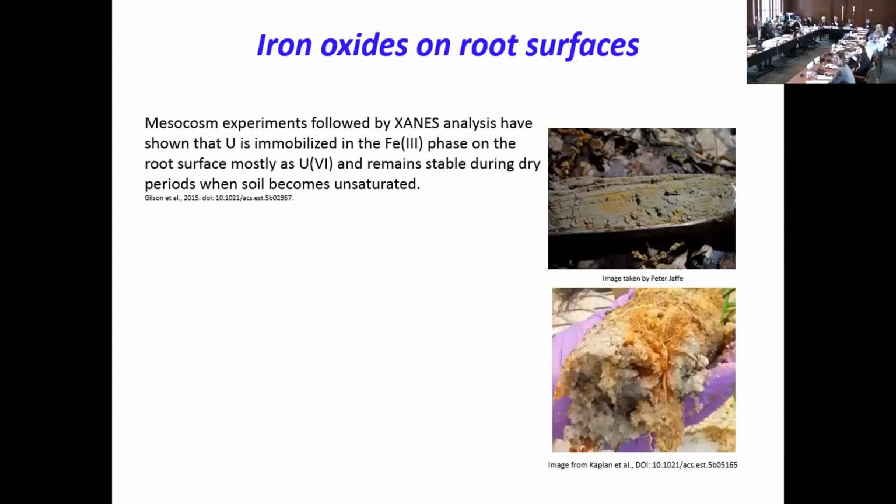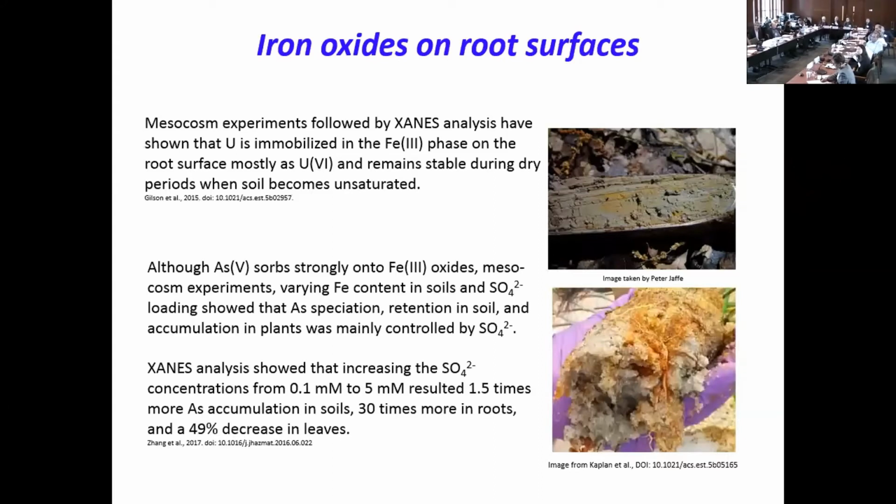But actually we were pulling the uranium towards the root and then encapsulating it in iron oxides. And the outcome of that is that wetlands periodically dry, and we had assumed that when a wetland dries, it will release a lot of uranium. But because it was encapsulated in the iron oxide, it stayed stable as the wetland dries.